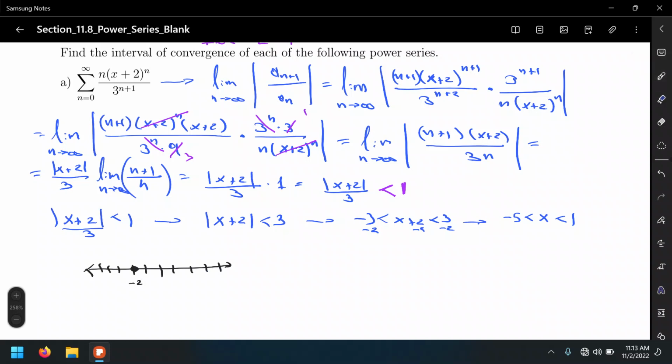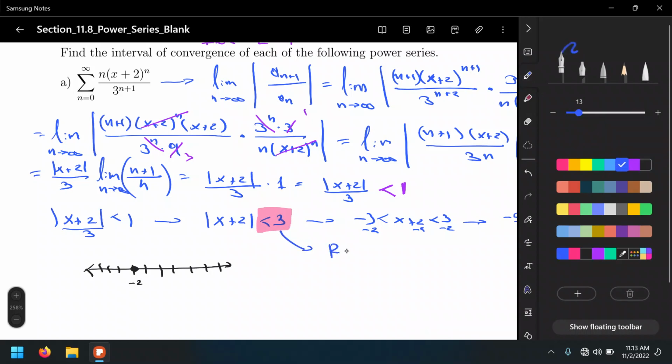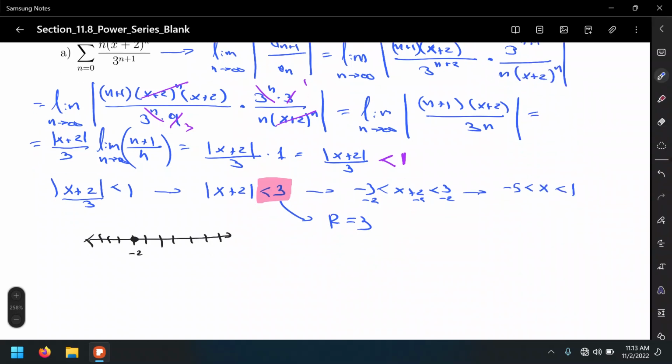So number 1, let's highlight this value. Isolating the absolute value in the inequality, this number right here is going to tell us that the radius r equals 3. Alright? So 3 units away from negative 2, that's going to be 1, 2, and 3.